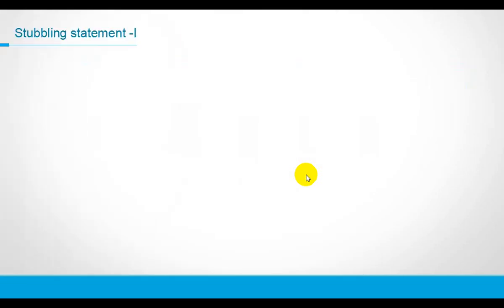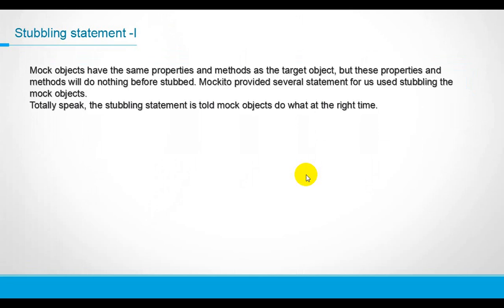Okay, in this lecture, we will start learning the stubbing statement. As you know, mock objects will have the same properties and methods as the target object or original object.